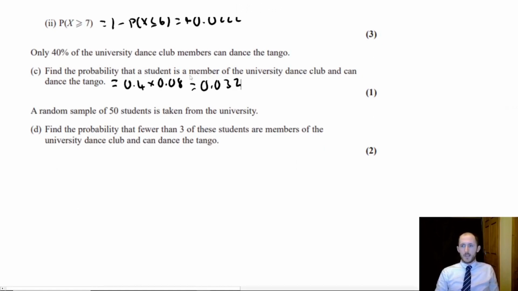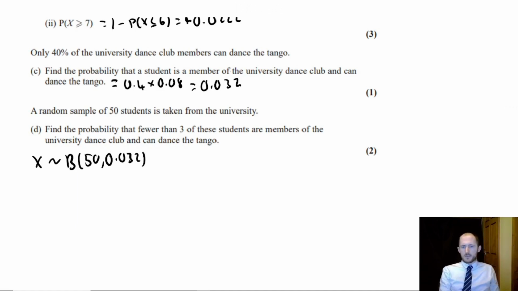Lastly, a random sample of 50 students is taken from this university. Find the probability that fewer than 3 of these students are members of the university dance club and can dance the tango. Well, this is our probability, right? So all we need to do is, if we use, again, X modelled by a binomial with 50 people and 0.032.